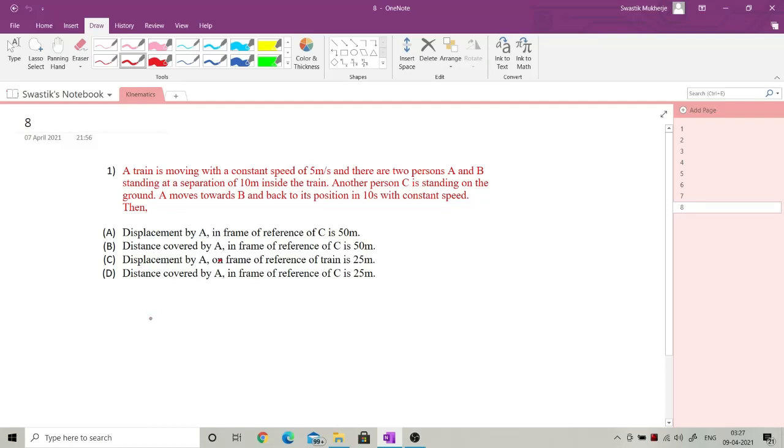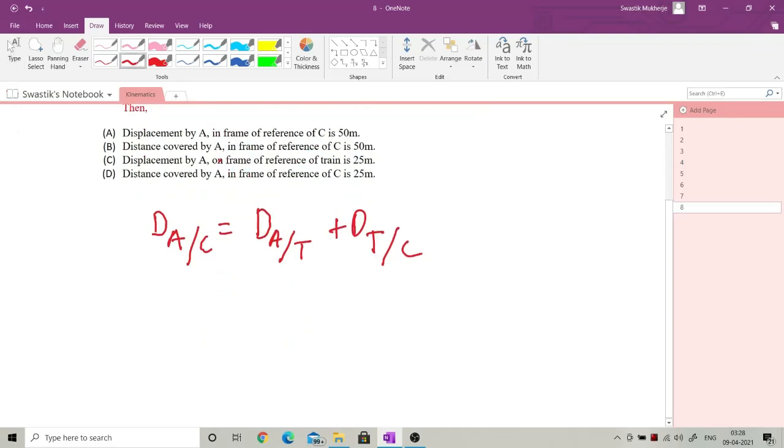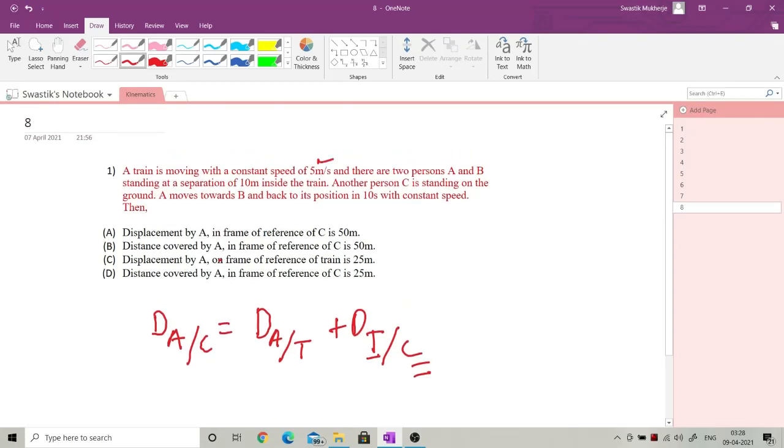Now, the basic concept of relative velocity is required here. So the displacement of A with reference to C is the displacement of A with reference to the train plus the displacement of the train with reference to C. Now C is a stationary body and the train is moving at a speed of 5 meters per second.